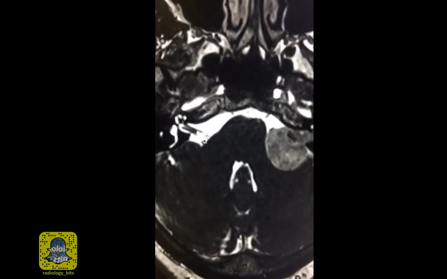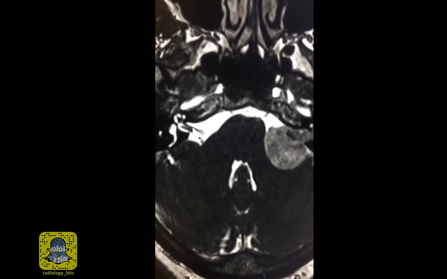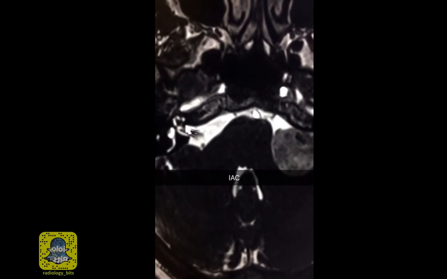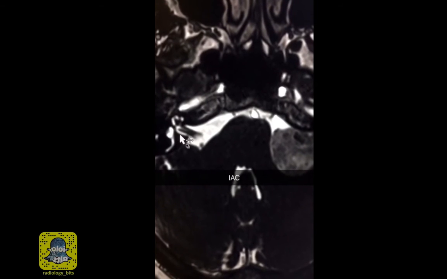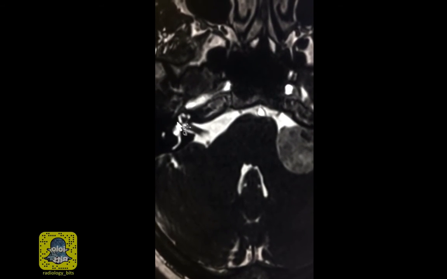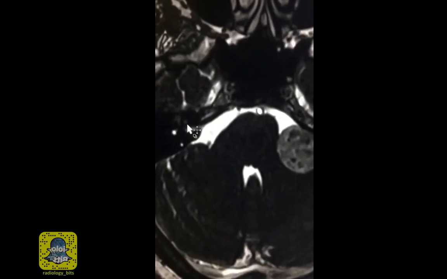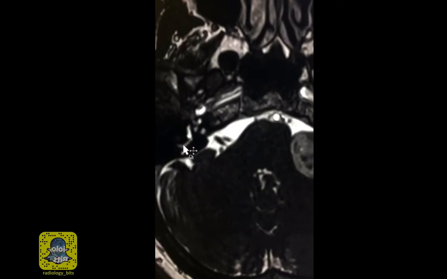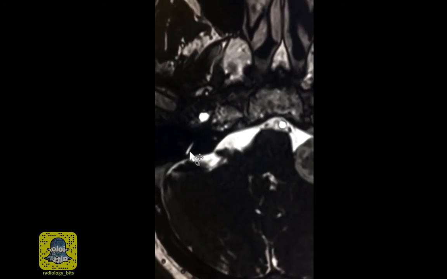Arising from the brainstem, running within the CSF space, are these two big nerves as well. Notice how these two cranial nerves cross the CSF to enter this canal here. This is known as the internal auditory canal. And also note these fluid intensity structures, which represent the cochlea, the vestibule, and the 3 semicircular canals.